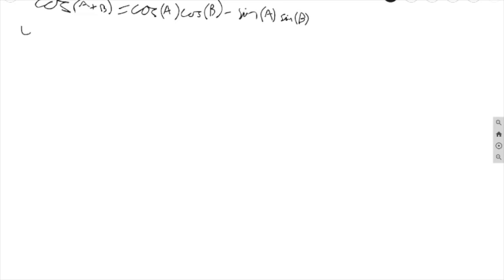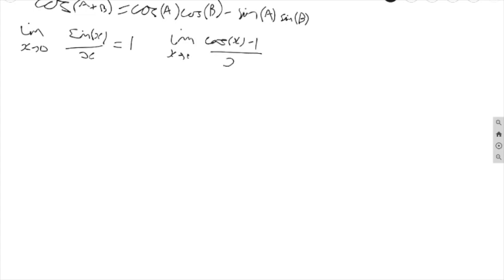The limits before are the same, so the limit as x tends to 0 of sine x divided by x still very much equals 1. And the limit as x tends to 0 of cos x minus 1 divided by x equals 0.